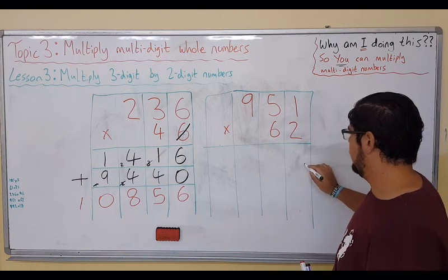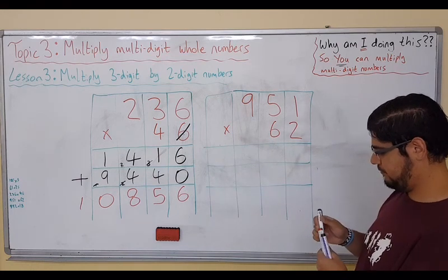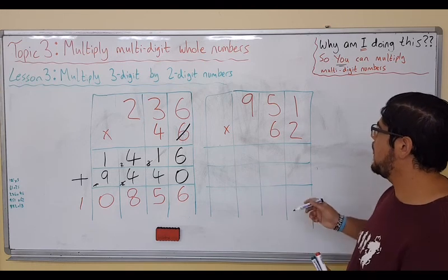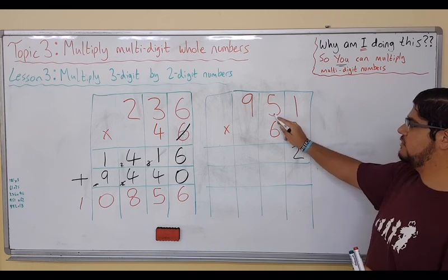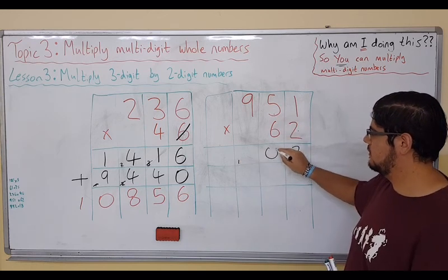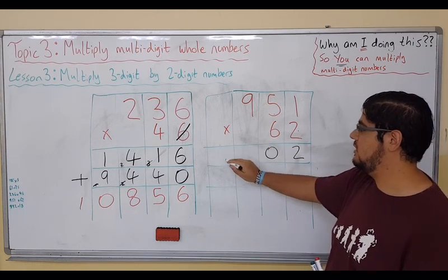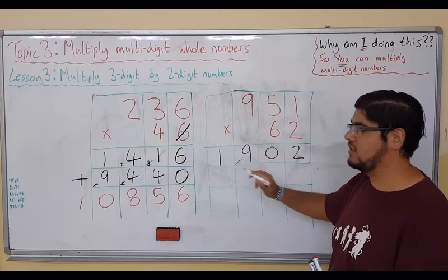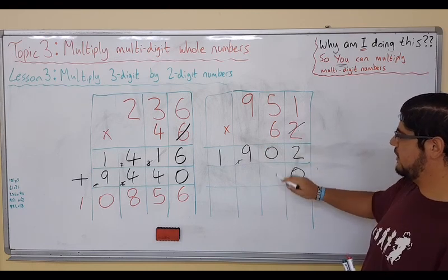So this should be quick and easy. Okay? Right. 2 times 1, 2. 2 times 5, 10. Add the 1. 2 times 9, 18. Add the 1, 19. Cross it out. We're done with the 2. Cross it out, put a 0.